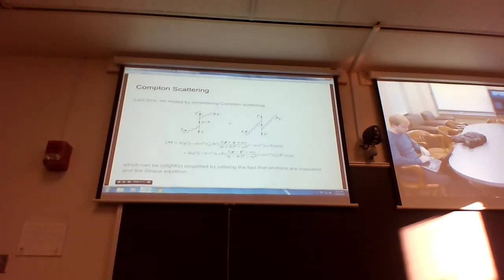In fact, if you look in Srednicki, that's the only way he does it. It's just for housekeeping reasons. But I always like to draw them as S channel or U channel, because then it's easier for me to tell what type of diagram it really is. So we used our Feynman rules from QED and wrote down the amplitude.